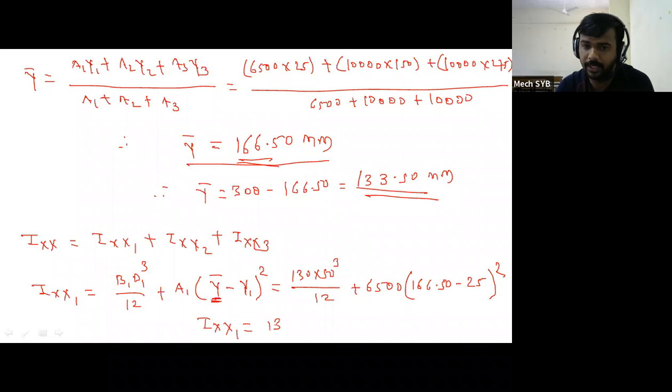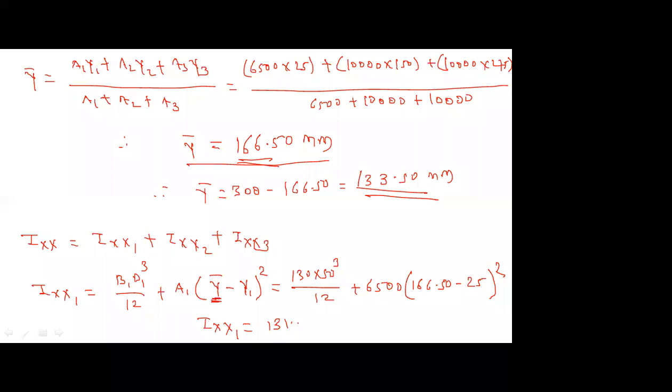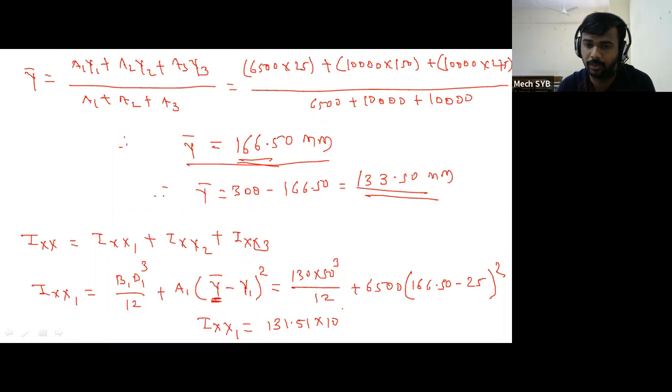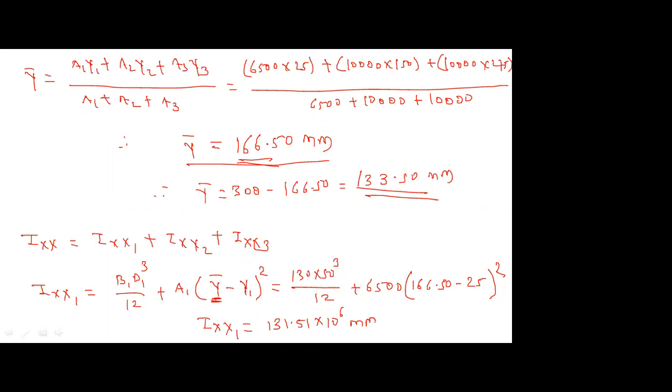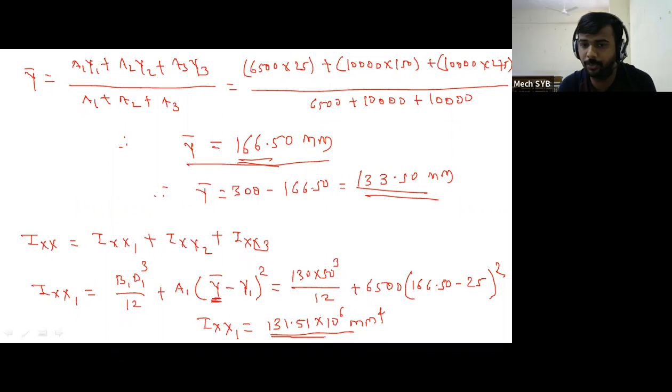Okay, 131.515 into 10 raised to 6 mm raised to 4. So this will be the answer. Others, please check your answers and send me the answer in the chat box.